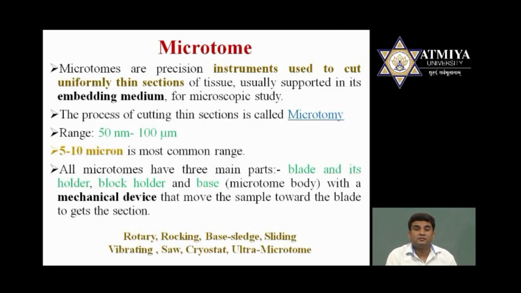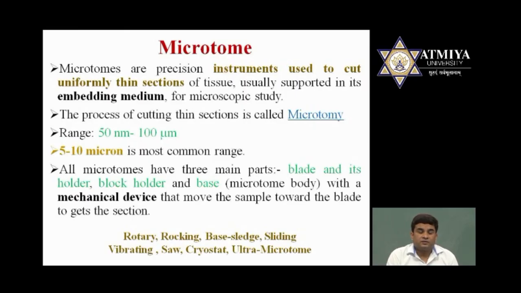With a microtome, you can get sections of various thickness from 50 nanometer to 100 micron. But in most cases, just 4 to 5 micron is enough for all types of diagnostic studies. Microtomes are divided into various types depending upon the type of tissue, your requirement and the mechanism of action.